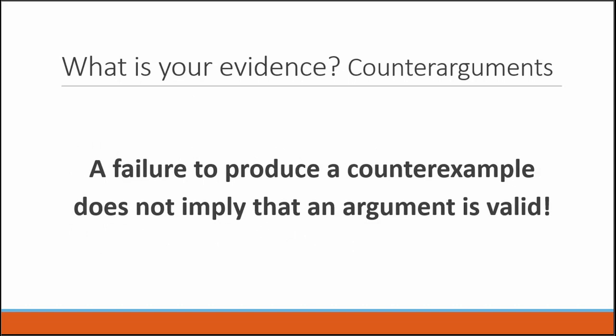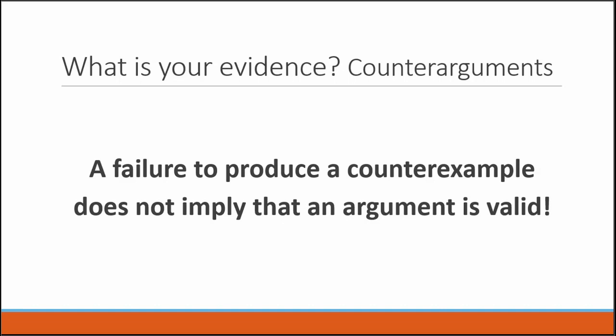A point to note, though, just because you can't produce a counterexample does not imply that an argument is valid. So producing a true counterexample does prove that the argument is invalid. But a failure to produce a counterexample does not prove that the argument is valid.